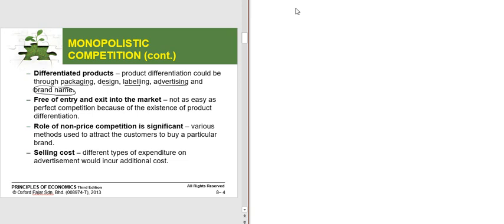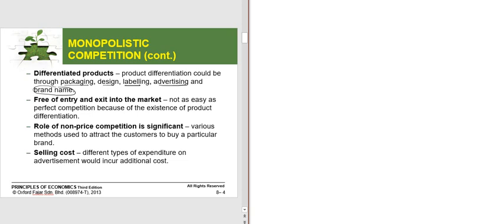For example, toothpaste: you have different brands, Colgate, Dali, and what else? Sensodyne. They are selling toothpaste, the same type of product, but the brand could be different. The price will be different and the quality is also different, and they can also be used for different purposes. These are examples of differentiated products: the same product but differentiated based on brands or labeling.